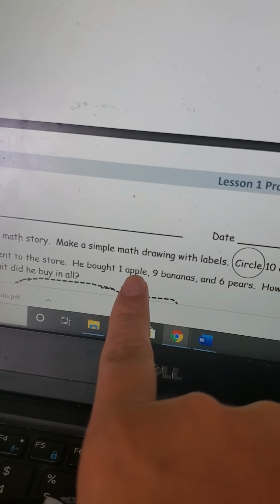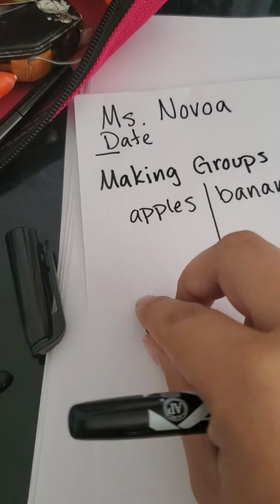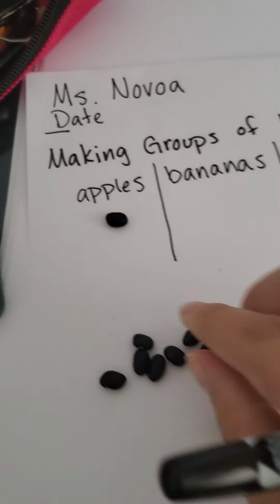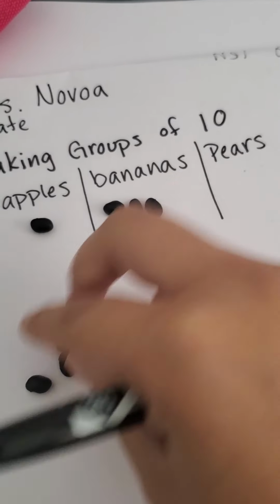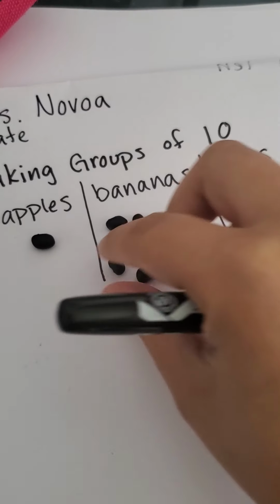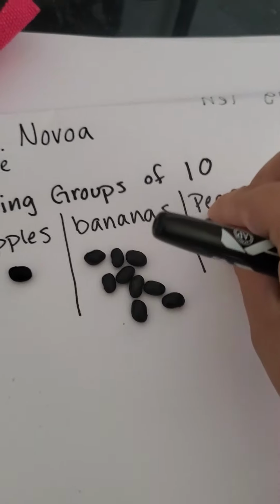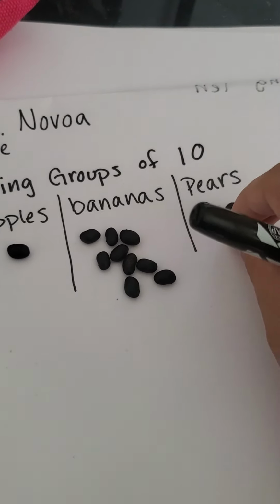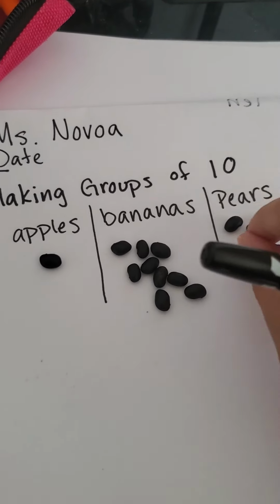Okay, let's go back. 1 apple, 9 bananas, 6 pears. So that means he had 1 apple. They said 9 bananas. 1, 2, 3, 4, 5, 6, 7, 8, 9 bananas and 6 pears. 1, 2, 3, 4, 5, 6.